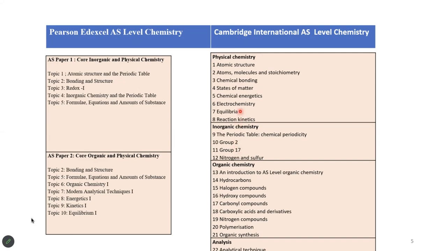In the Cambridge International AS syllabus, topic 5 is chemical energetics. In Edexcel, it is topic 8, energetics. So from the next lecture, we take this topic. Here it is called chemical energetics, but there it's called energetics. It's the same content.